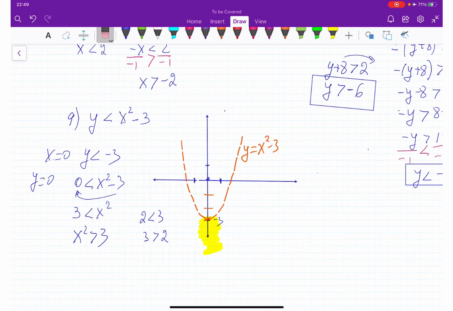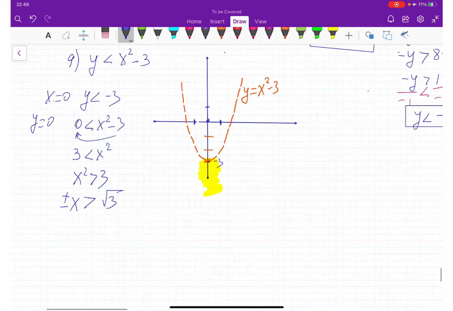Alright, so we get x squared greater than 3, which means x is going to be plus or minus, greater than the square root of 3. Square root of 2 is 1.41, and square root of 3 could be 1.7 or something.